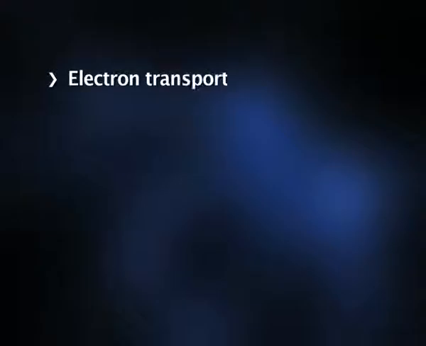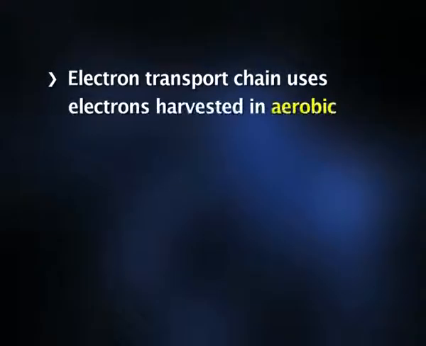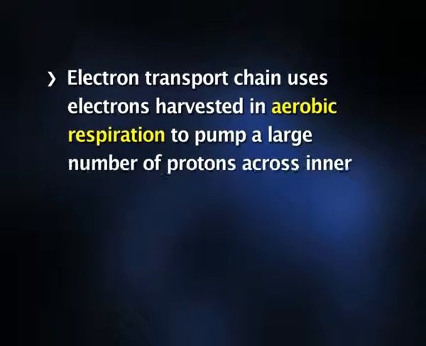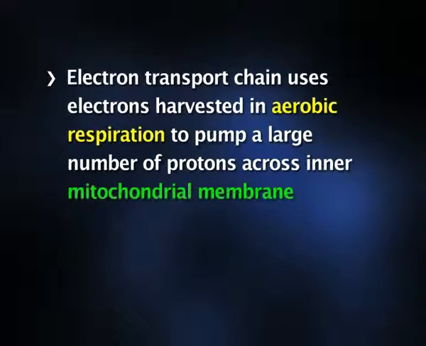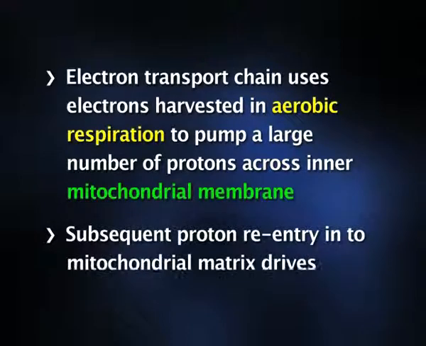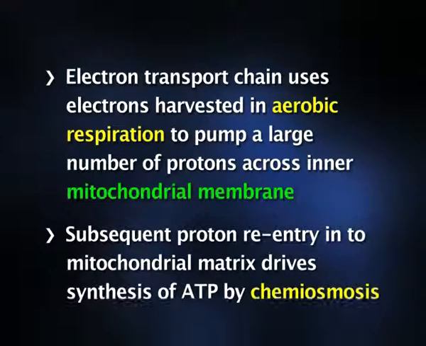Thus, the electron transport chain uses electrons harvested in aerobic respiration to pump a large number of protons across the inner mitochondrial membrane. Their subsequent re-entry into the mitochondrial matrix drives the synthesis of ATP by chemiosmosis.